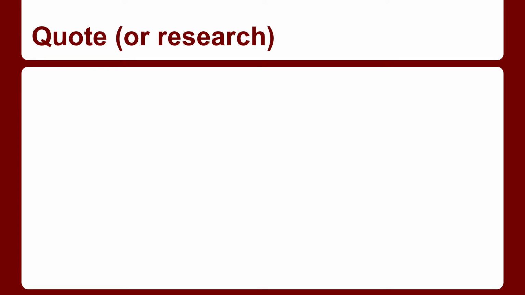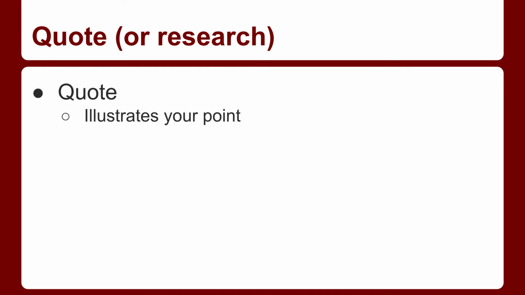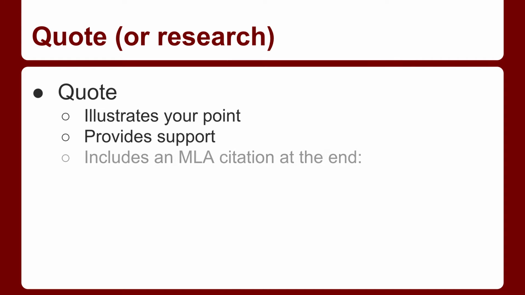Your quote or your research or your evidence, however you want to look at it, could be a direct quote from the story that illustrates your point. So you find something that Homer wrote that shows that idea of skill or intelligence. Or you summarize it, paraphrase it in your own words, and you provide support for the story.